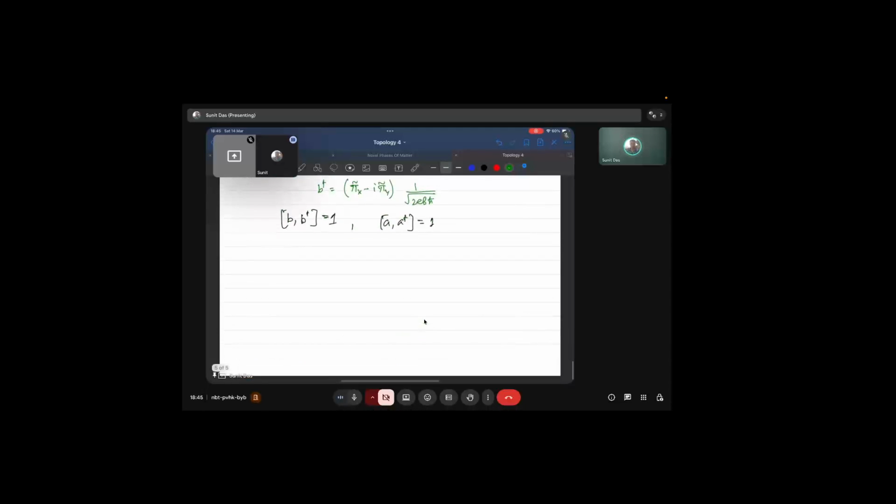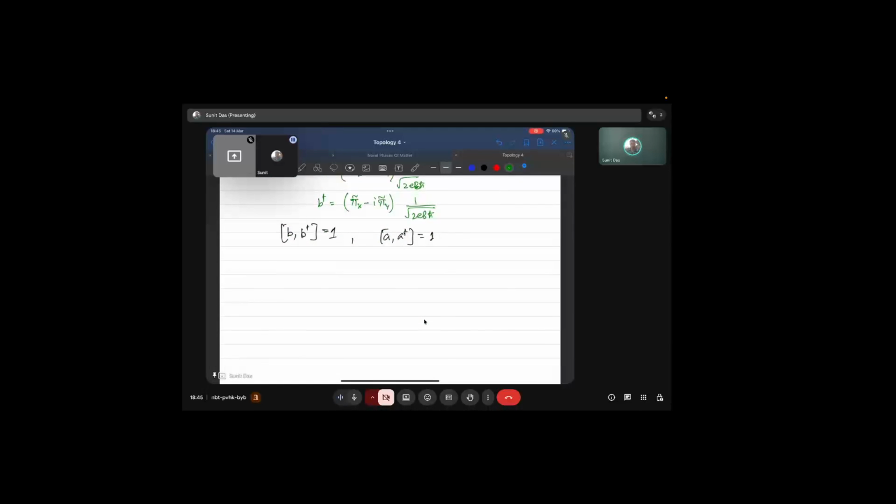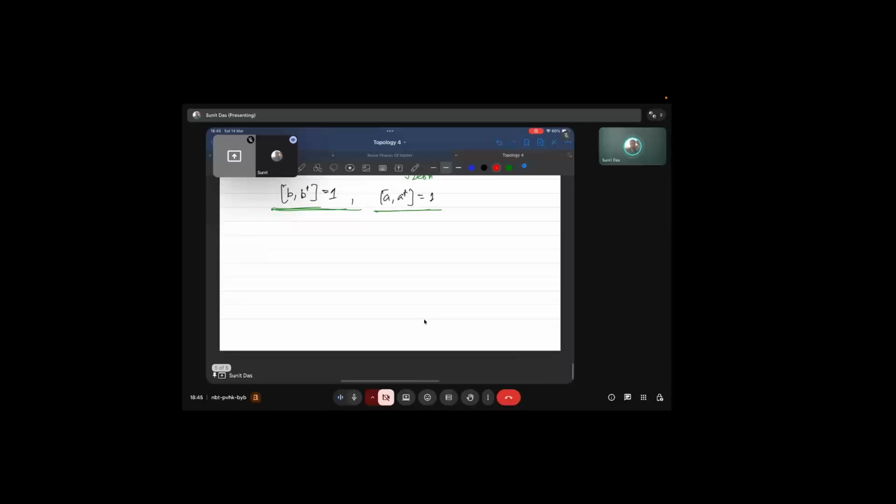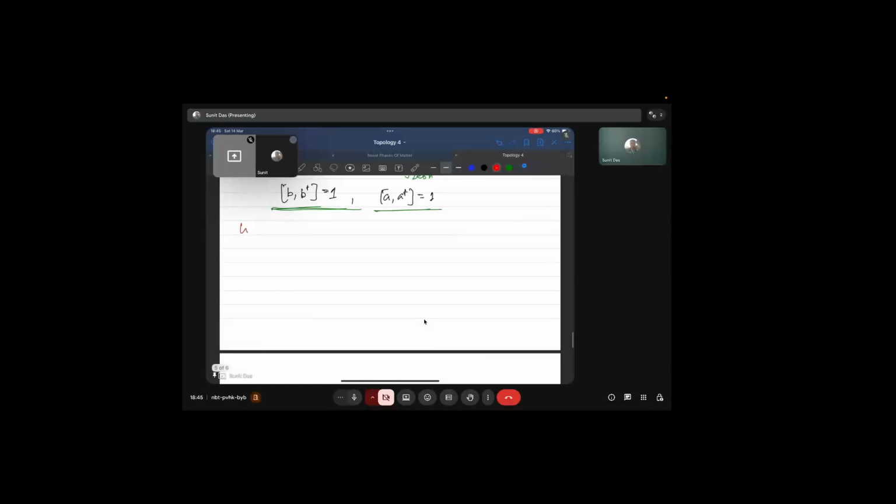Now we found another set of operators which follows the same commutation relation. What this necessarily means is that, while the Hamiltonian we had was h bar omega times a dagger a plus half, let me write it.